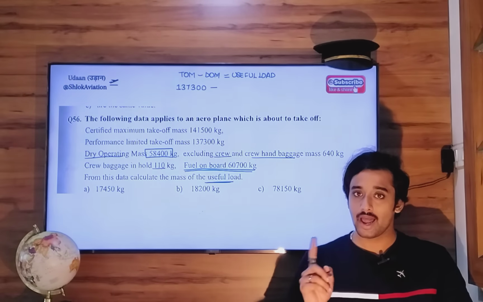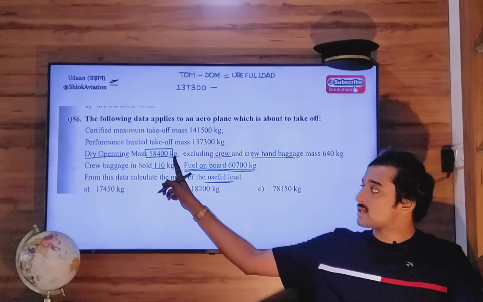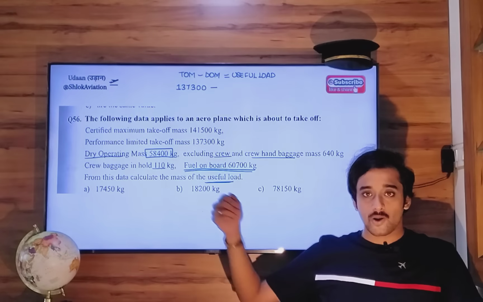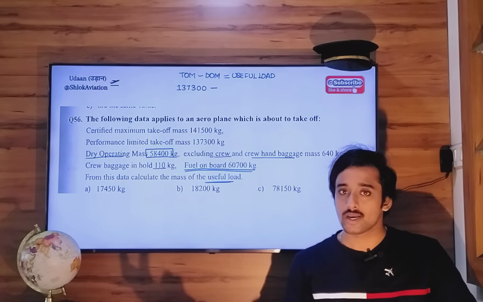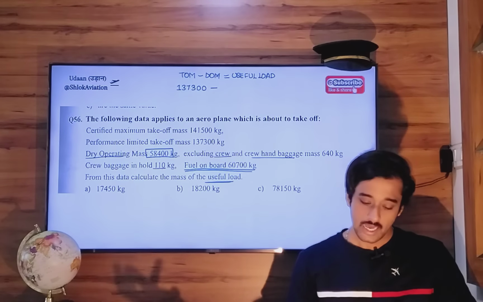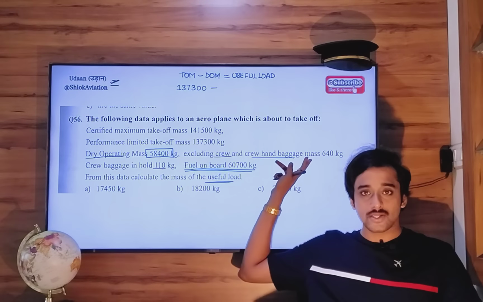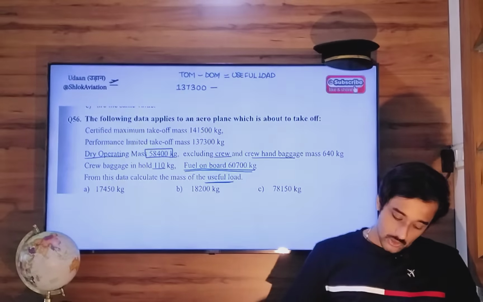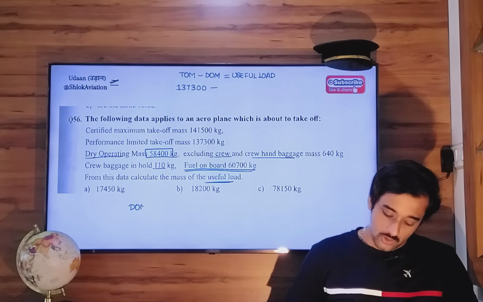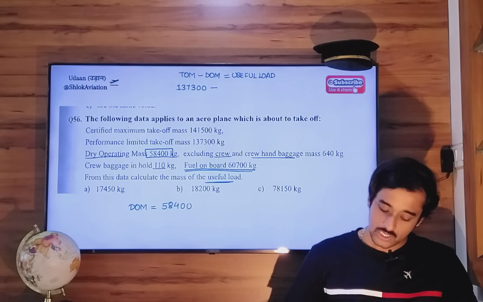Now you are going to add these two values to this dry operating mass given, because dry operating mass is inclusive of crew baggage, food, water, other optional equipment, right? So if they haven't included these things in the DOM calculation, we have to do that. So our final dry operating mass will be the original 58,400 plus 640 plus crew baggage in the hold 110.